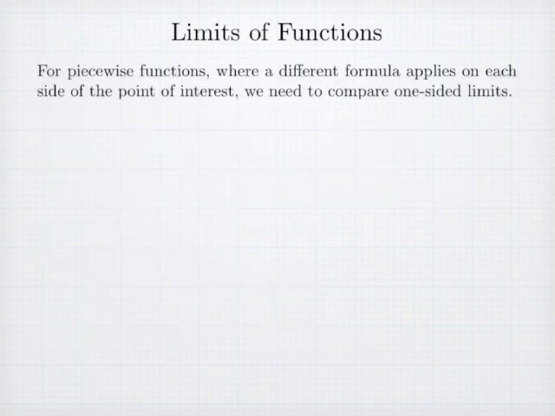There's no limit. Piecewise functions correspond to the picture we had in our second example of the spaceships, where my function had one curve on the left and a different curve on the right, and we need to calculate the limit from both sides.